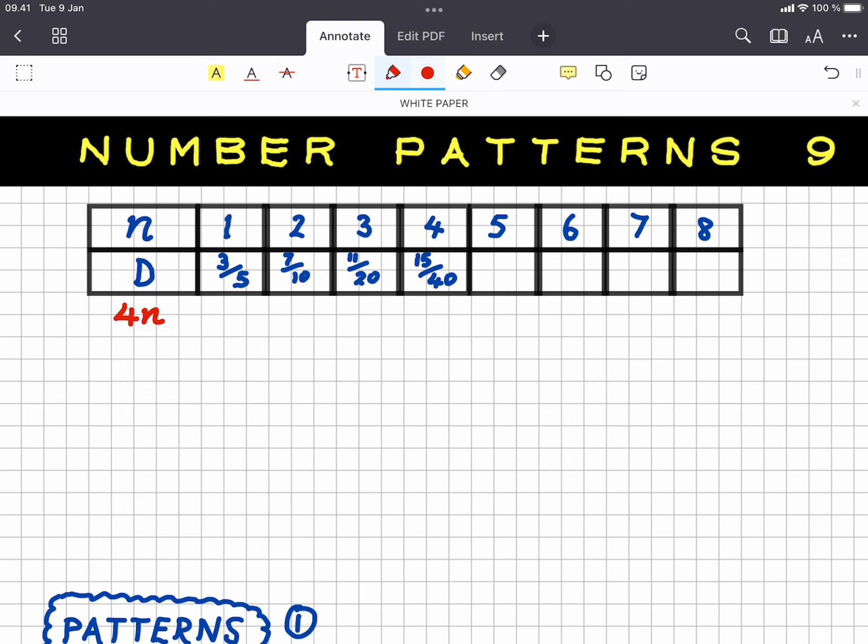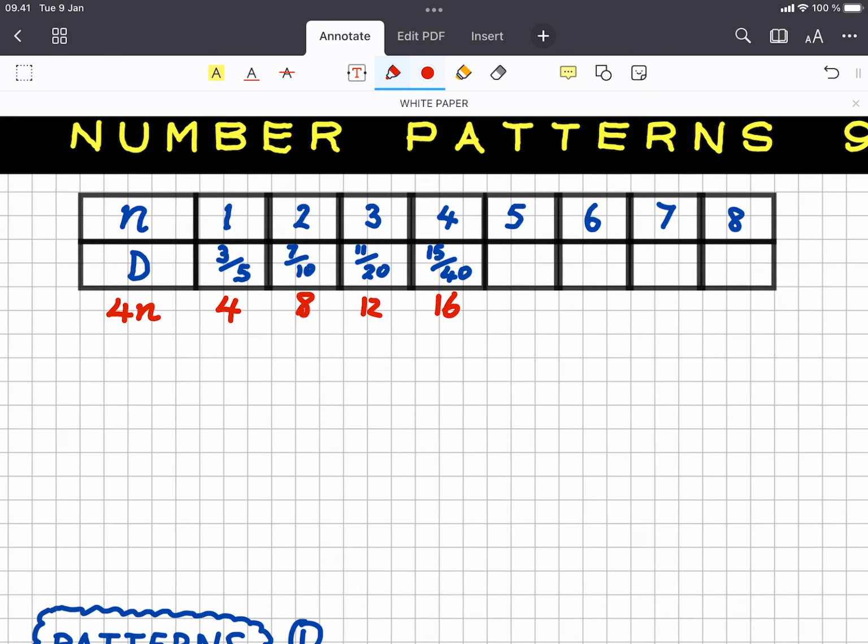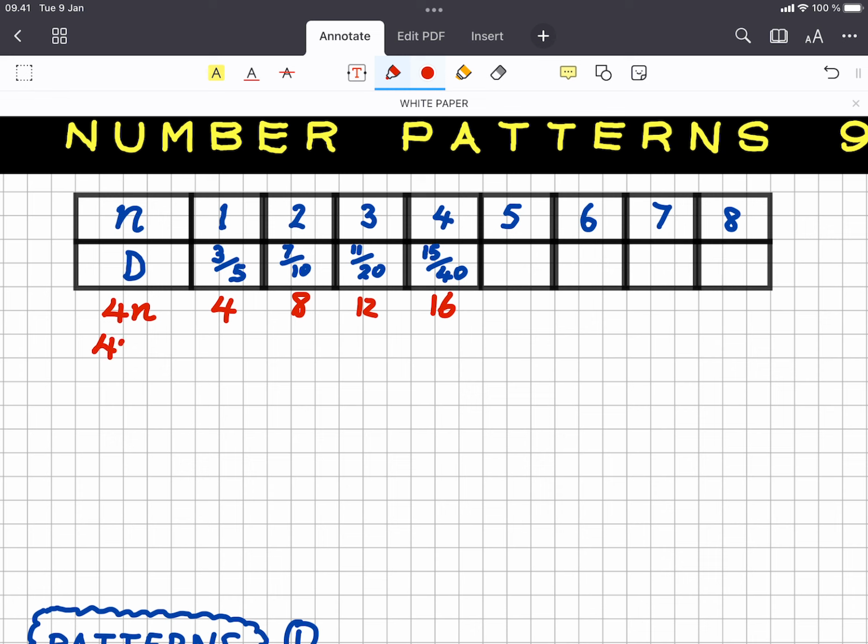Now 4n is just 4 times 1, 4 times 2, 4 times 3, 4 times 4. So 4, 8, 12, 16. The numbers are actually just 1 less than that every time. So 4n minus 1 gives us 3, 7, 11, 15.